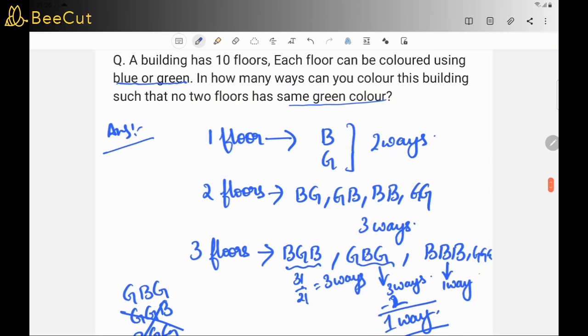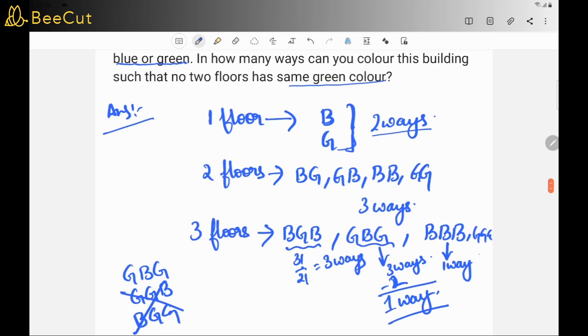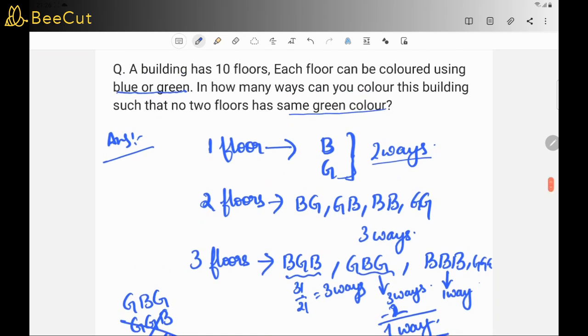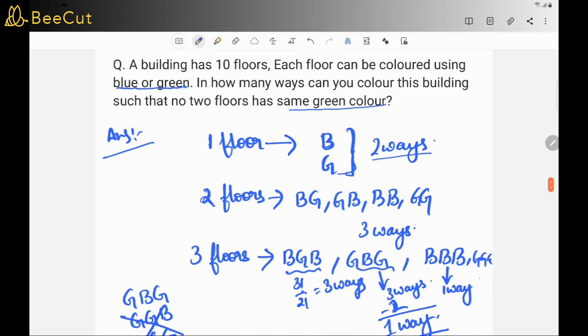Assume that the building has only one floor. So I can color it with blue or green. So I have 2 ways to do it. Now assume that the building has 2 floors. So I can color the first floor with blue followed by the second floor with green, the first floor with green followed by the second floor with blue, both the floors with blue, and both the floors with green.